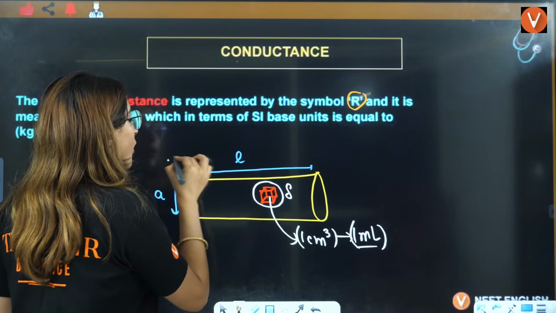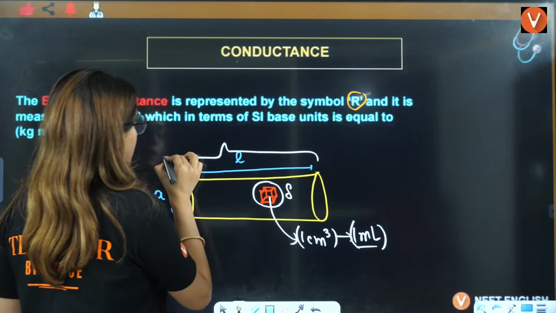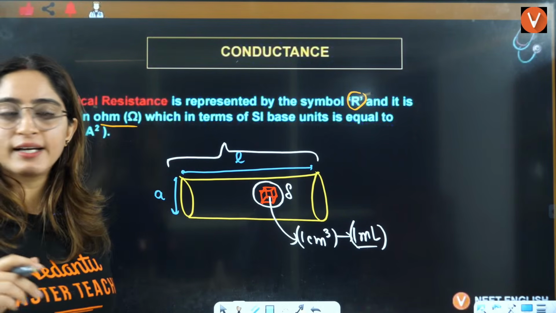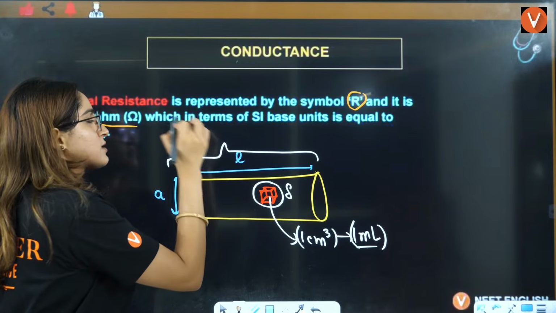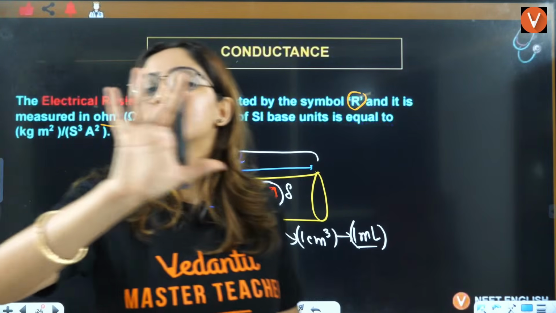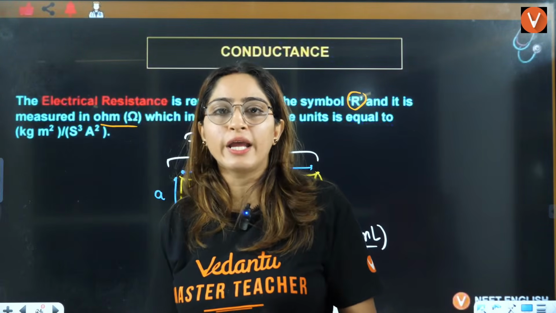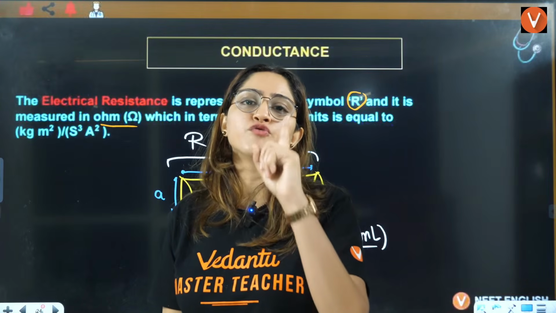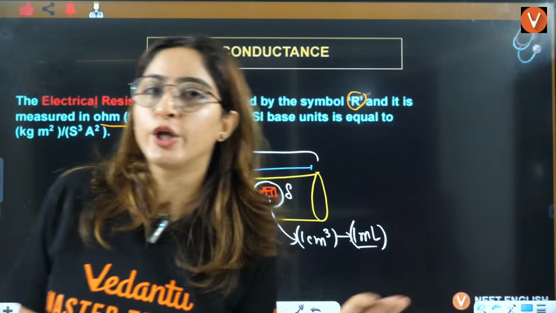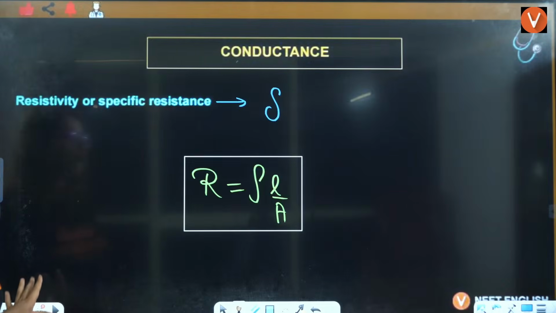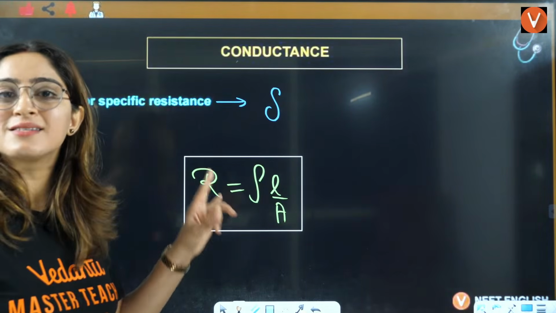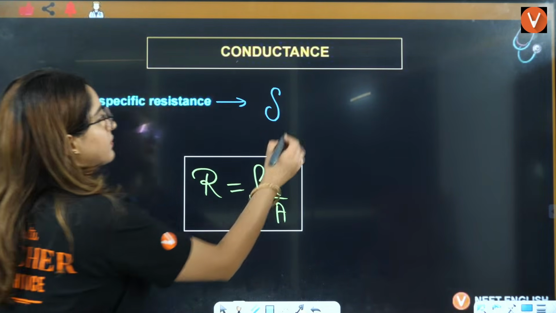And when you talk about this overall cylinder, that is called resistance. So resistivity is nothing but resistance only, but for just 1 milliliter of the volume. For 1 unit volume, what is the resistance? That defines the resistivity.